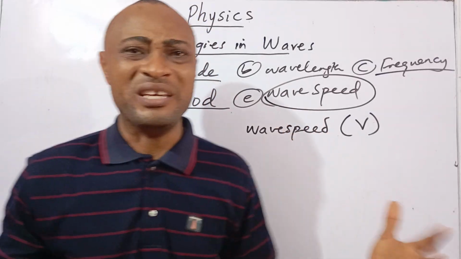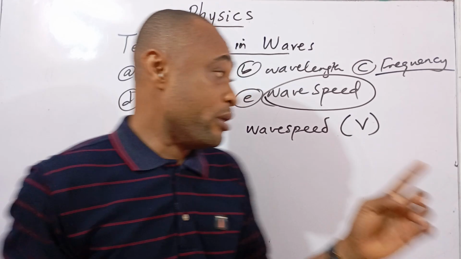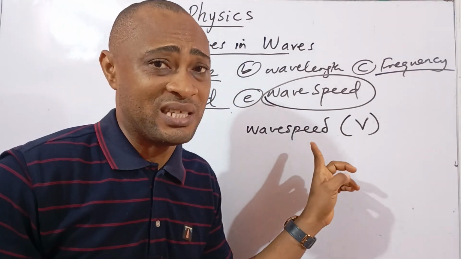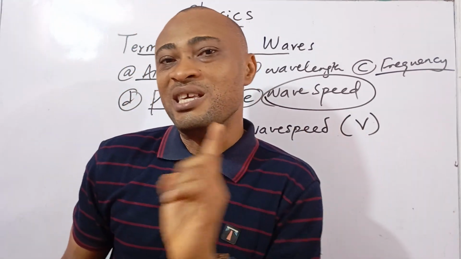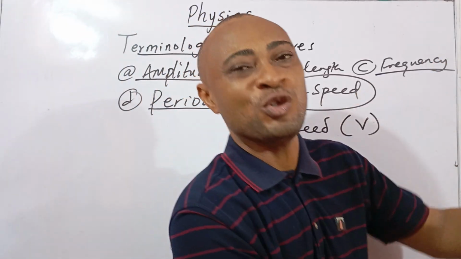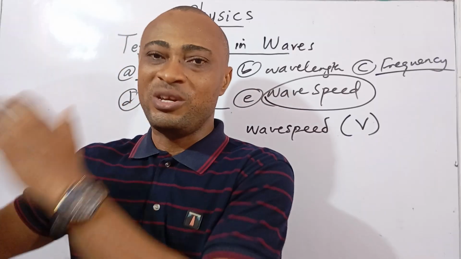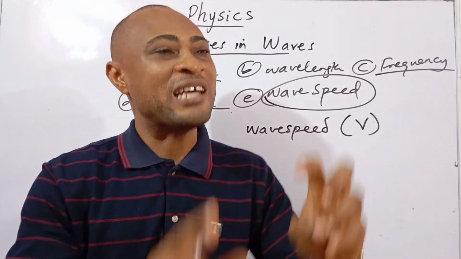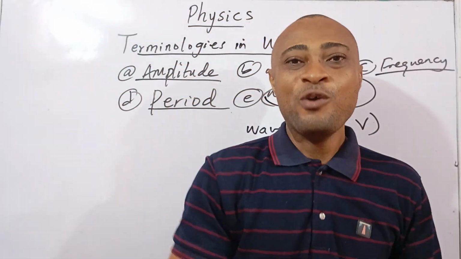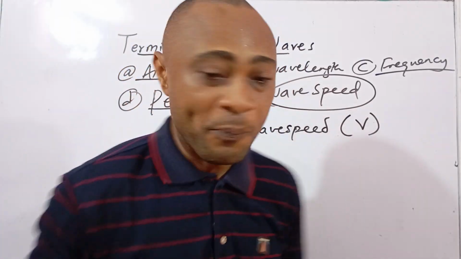They have the same unit, meter per second. So what is the difference between them? Remember that speed is a scalar quantity, while velocity is a vector quantity. Meaning that speed has only magnitude, no direction, while velocity has both what? Magnitude and direction. And remember, speed is distance over time, while velocity is displacement over time. I hope you got that.